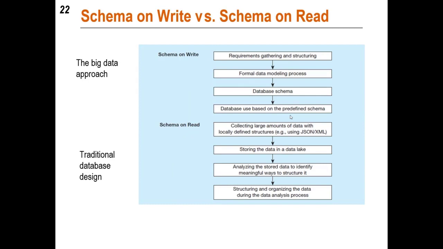We have put in a lot of constraints. That is what we have done in standard structured databases, right? But it's completely different in big data, because there are various things.